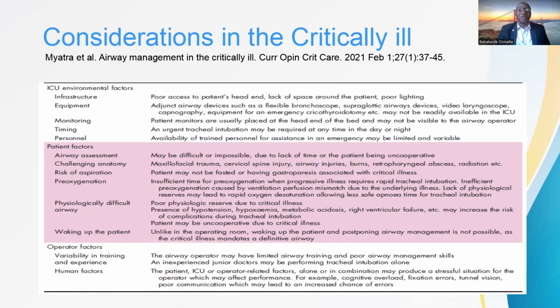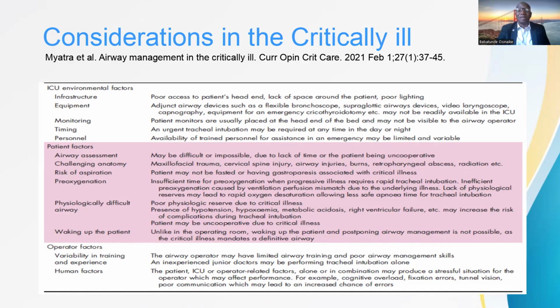Let's look at patient factors. Airway assessment may be difficult due to lack of time and the patient being uncooperative. Most times there could be challenges because maybe the patient has a cervical spine injury or airway injuries. There can be risk of aspiration because the patient may not be fasted at the time you need to intubate. Let's look at operator factors.